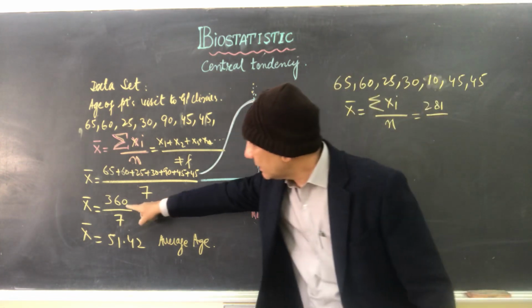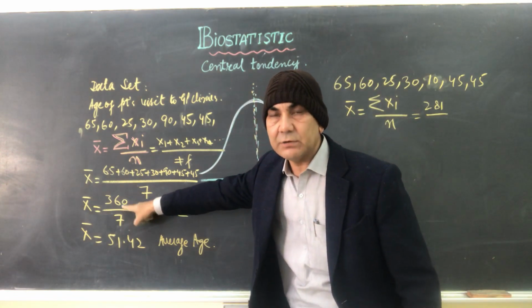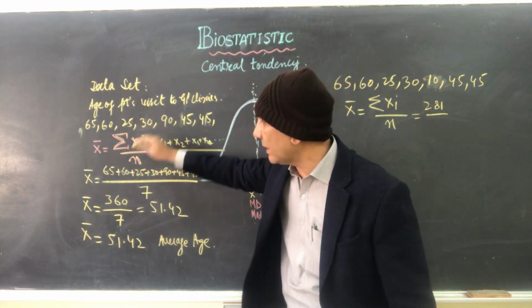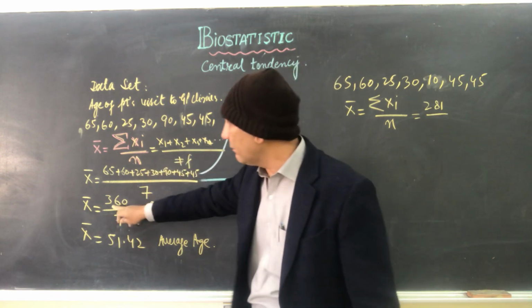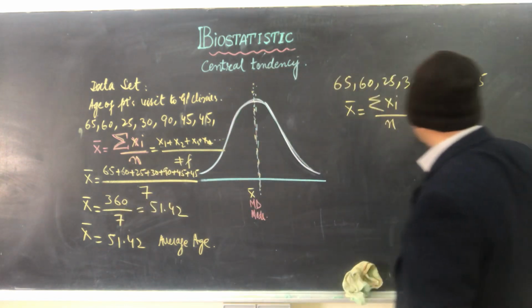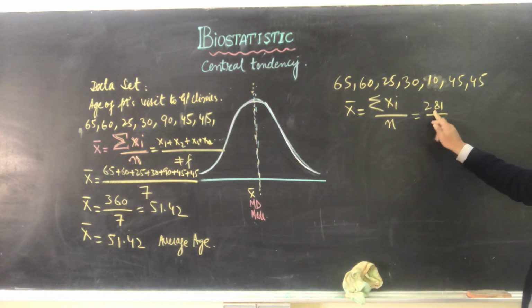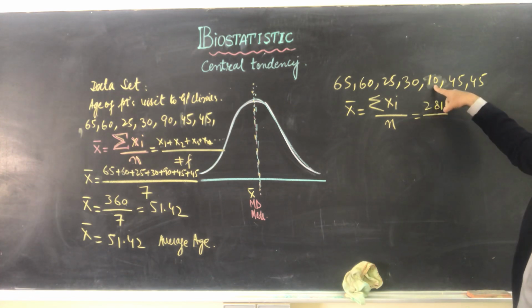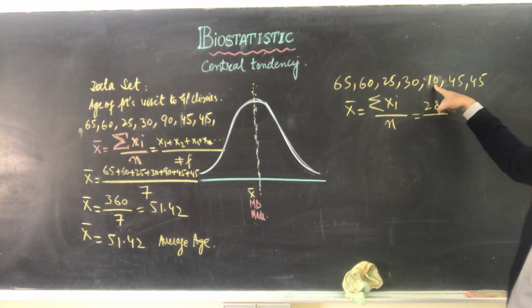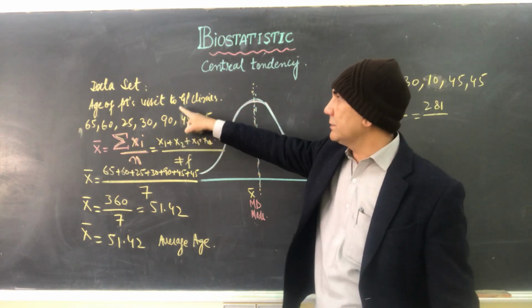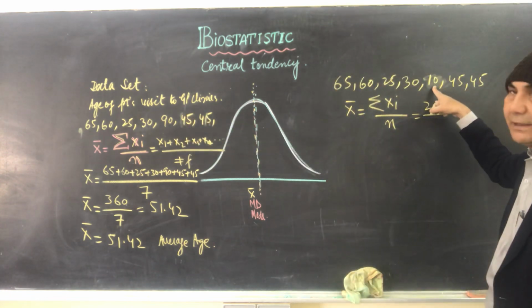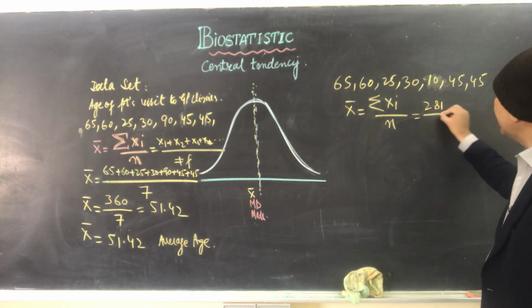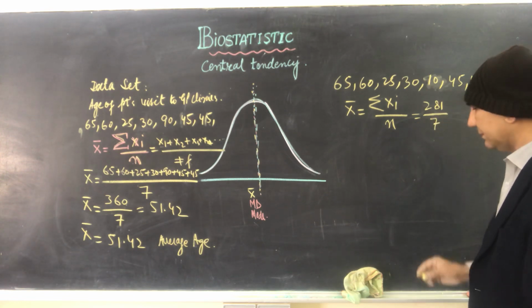It was 360 in the previous data; the sum of the xi was 360. Now it has become 281. Why did it become 281? Because we replaced the 90 years of the age of the patient by 10. Now it's 281 divided by 7.